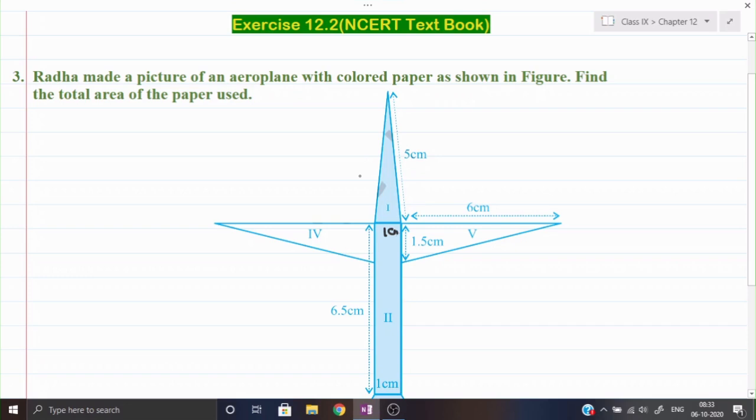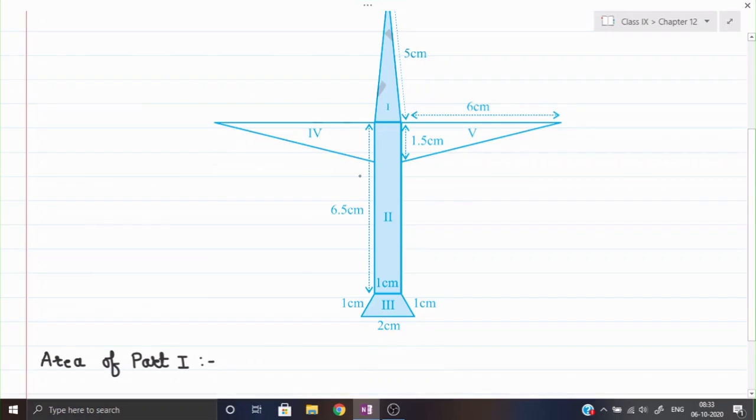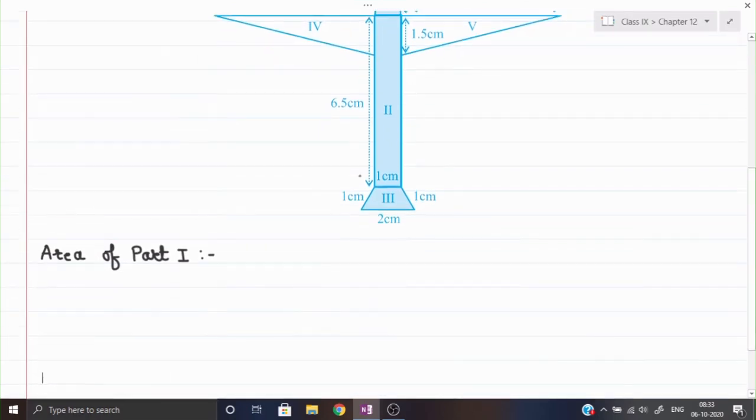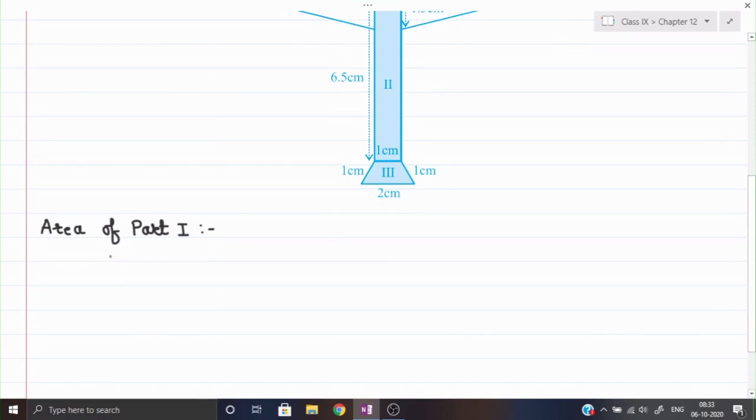First of all we shall mention the sides here, and then we shall apply Heron's formula to get the area. So for area of part 1, first we write the value of a is equal to 5 centimeter, similarly b is equal to 5 centimeter and c is equal to 1 centimeter.